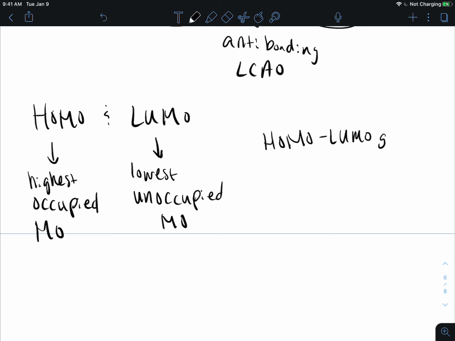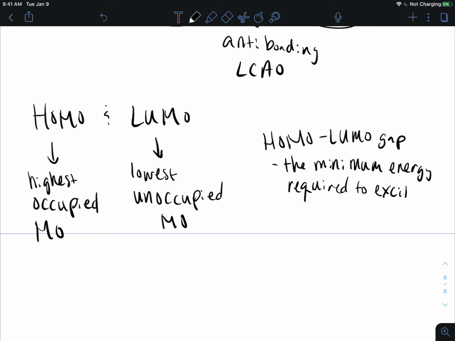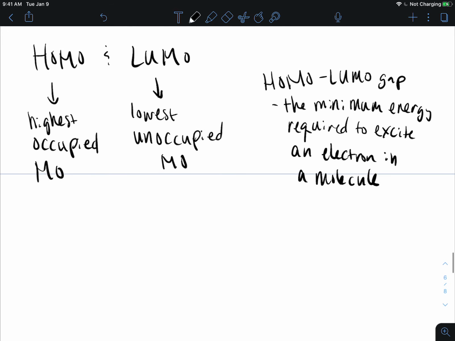Our HOMO-LUMO gap is the minimum energy required to excite an electron in a molecule from a lower energy state to a higher energy state.